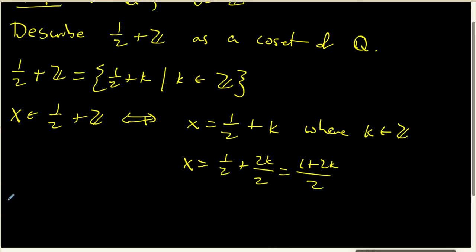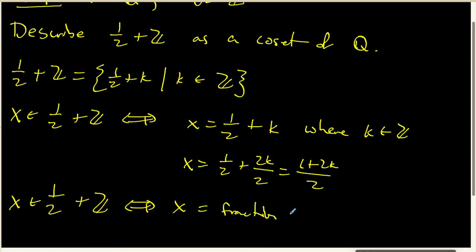In other words, x is going to belong to this particular coset if and only if x is a fraction of the form odd integer divided by 2.